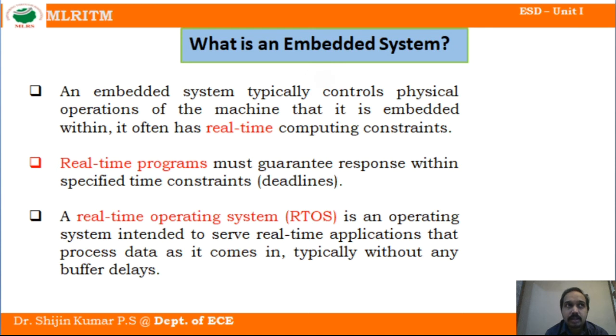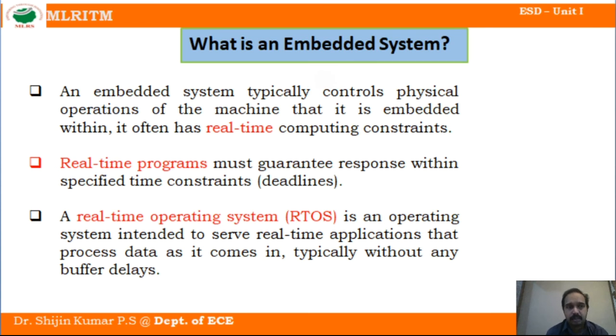Whenever the oxygen level is reduced, at the same instant oxygen supply has to be initiated. So there is a time constraint. After 5 minutes, if the oxygen supply is starting, it will be over. We cannot do anything.